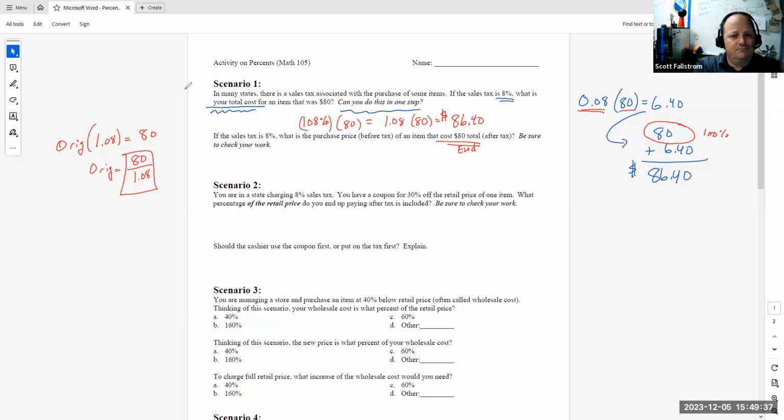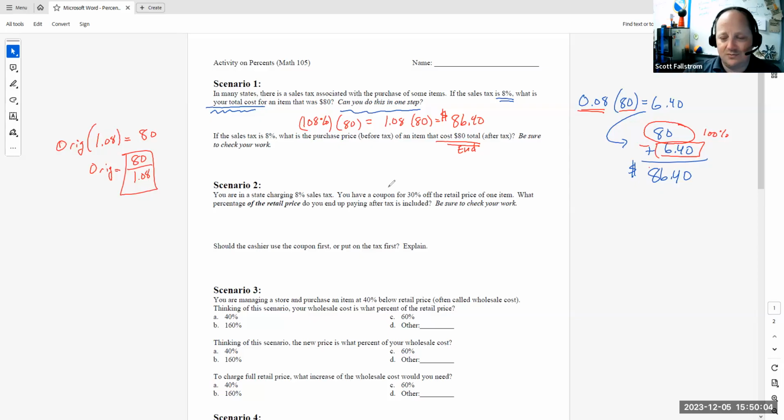But what you will never get correct is if you just take the $6.40 and then subtract it from 80. If you subtract that, you get 73.60, it won't work. It'll be impossible for that to work, because you're trying to take 8% of a smaller amount and raise it up to that bigger amount. It's not going to work. So we have to think about these as multiplicative.